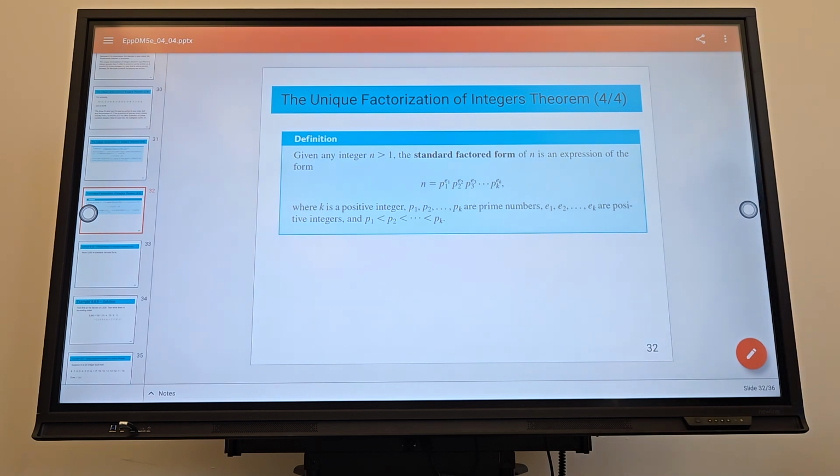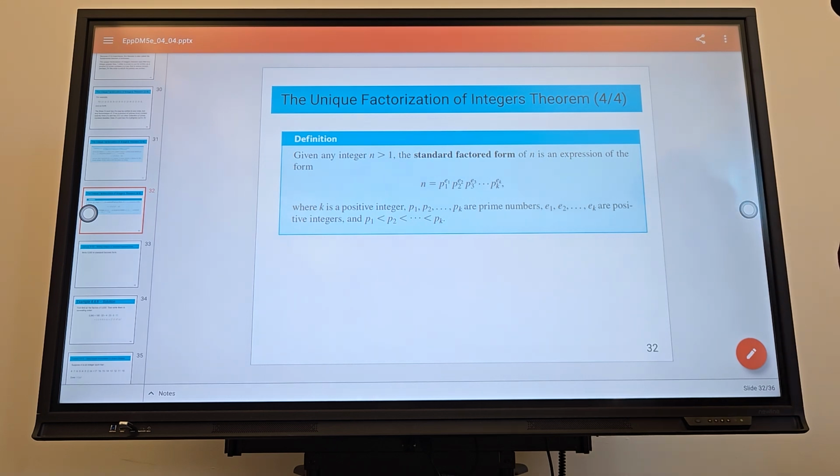The standard factored form is p1 to the e1, p2 to the e2, and so forth to pk to the ek, where k is a positive integer, p1, p2, up to pk are prime numbers, the e1, e2, to ek are positive integers, and p1 is less than p2, which is less than p3, and so on up to pk.